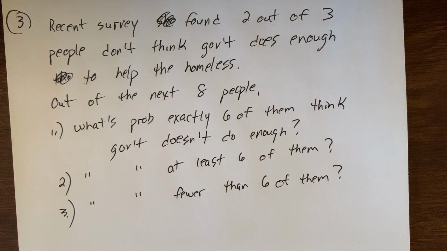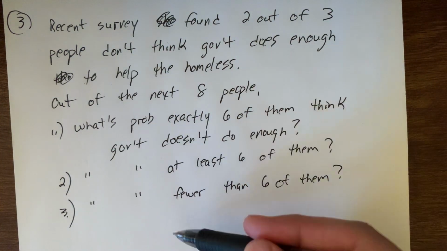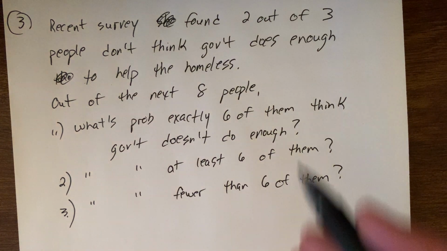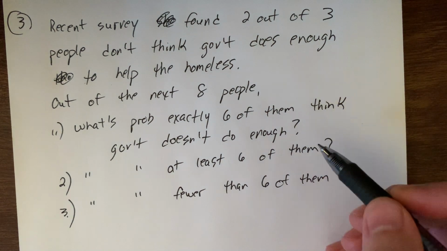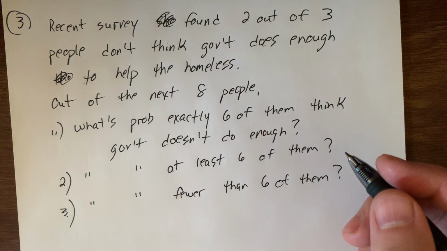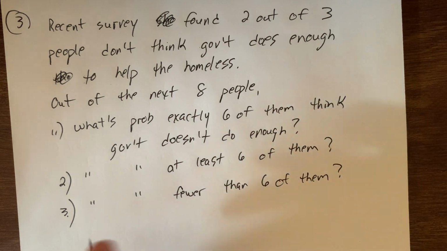Okay, so again, a lot of information, but all these questions boil down to probability. Well, what situation? We're talking about whether people think the government does enough to help the homeless, and we're focusing on people who think that the government doesn't do enough. So, 2 situations: either they think the government does enough or they don't. We're focusing on not doing enough.